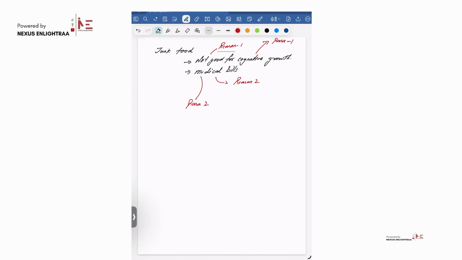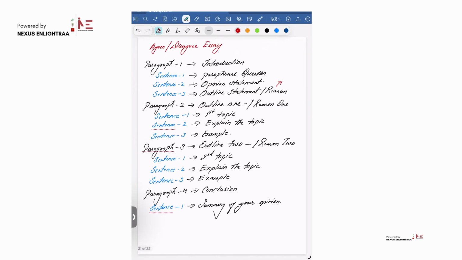So you have given two reasons in paragraph one. That is all you have to do. We have to just give statements of the two reasons, and then the next two paragraphs will be explaining each reason separately with an example. Yes. Okay. All right.